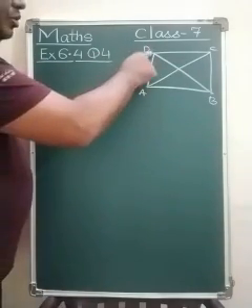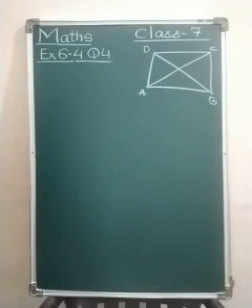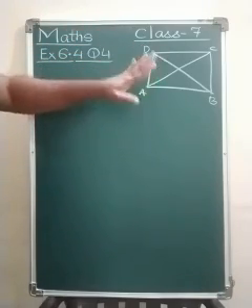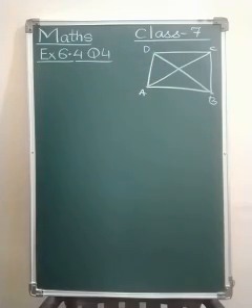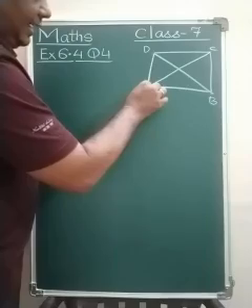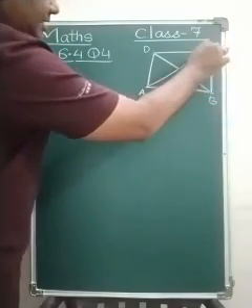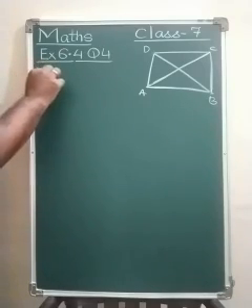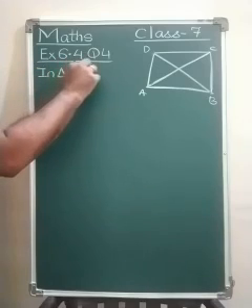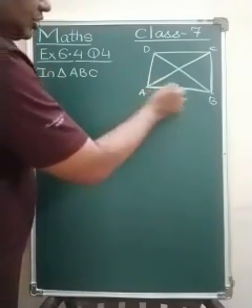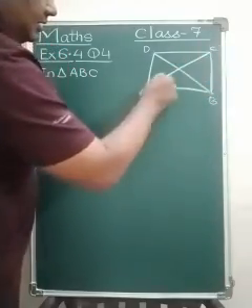Now to proceed for this particular sum, we will have to consider four triangles that we can see in the quadrilateral. The first triangle that we see is triangle A, B and C. So first of all, we will start writing down in triangle ABC.